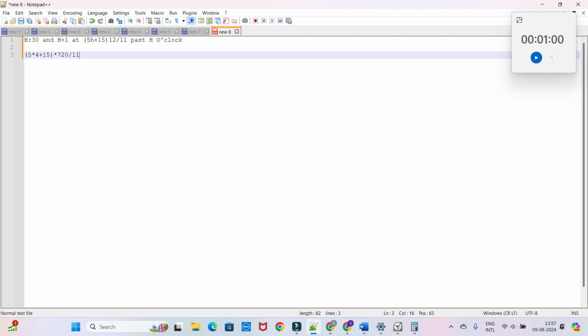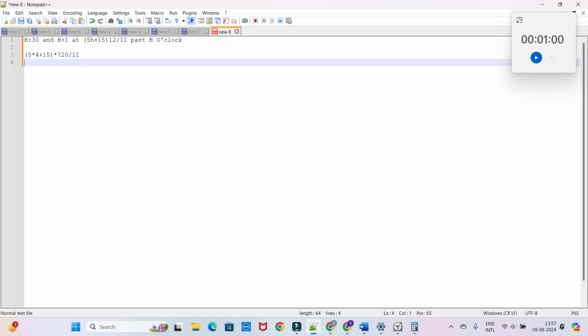We know that h is 4, so the hour is 4, so that is 20 plus 15, that is equal to 35. But this entire sum would be 35 into 720/11.